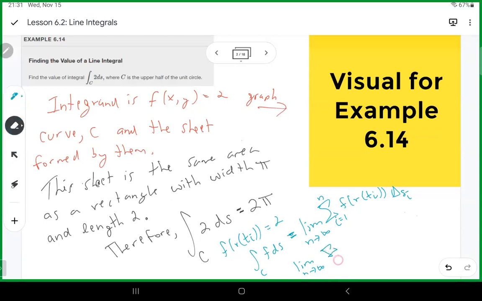Oh, wow, that's so hard for me to draw down there. So then we pull the 2 out.